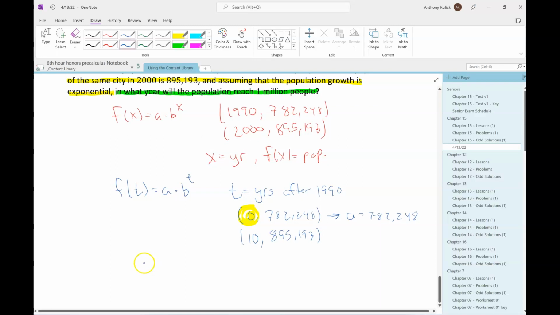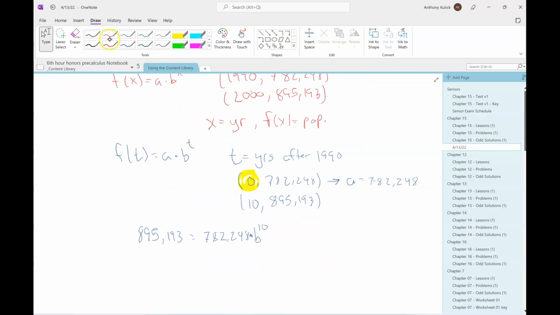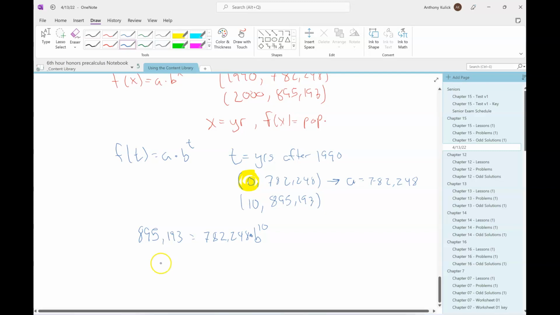So to solve for the b then, I'd have this. Everybody cool? So to solve for b, the next thing I do is, good, just divide by that 782,000 and change.